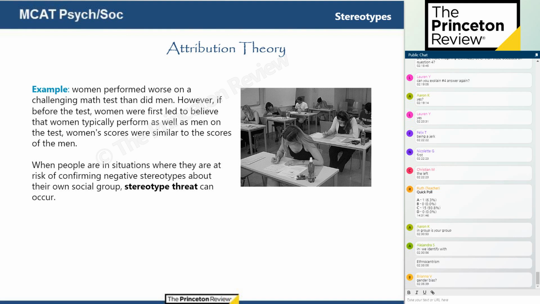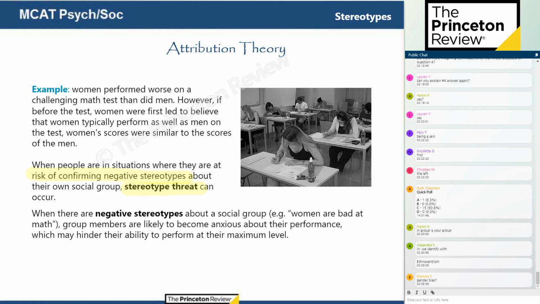And sometimes women do score worse because of something called stereotype threat. Okay, when folks are anxious, fearful of confirming negative stereotypes, then they actually do.